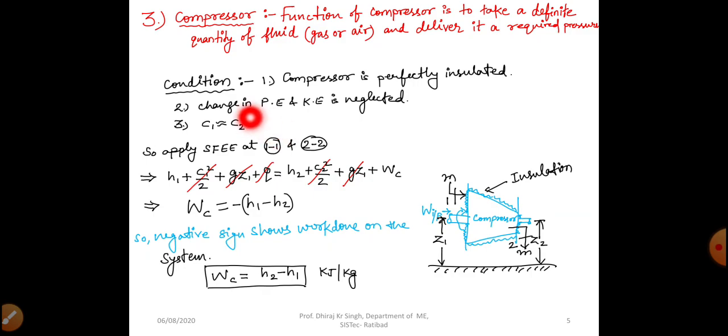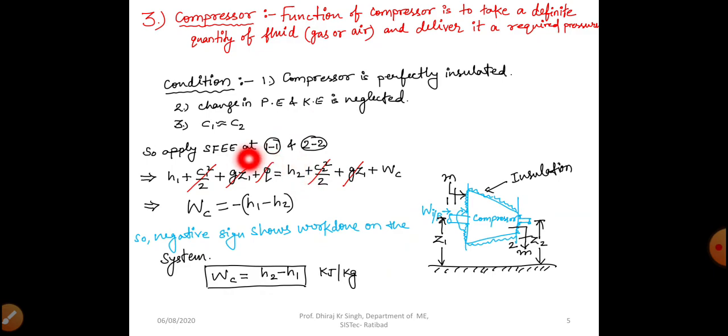Then the second point, we have taken the change in potential energy and kinetic energy as neglected. When we apply the steady flow energy equation, these potential energies get cancelled at both cross sections 1 and 2. That's why we have neglected potential energy and kinetic energy.